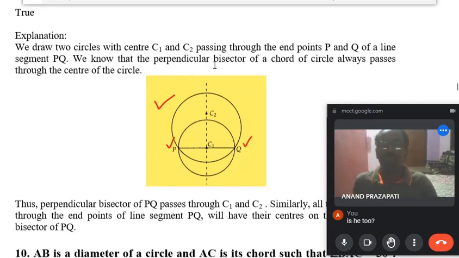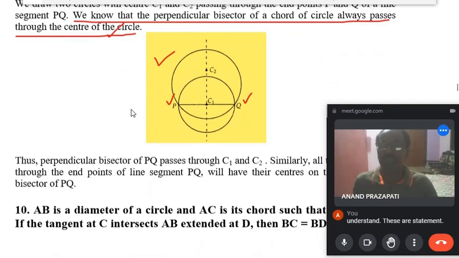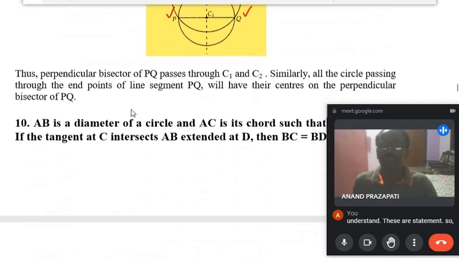We know that the perpendicular bisector of a chord of a circle always passes through the center of the circle. There is no problem to understand this statement. So the perpendicular bisector of PQ passes through C1 and C2.